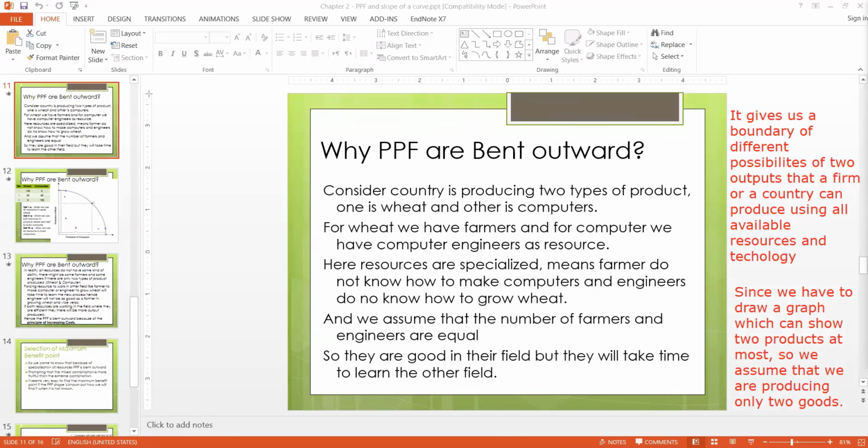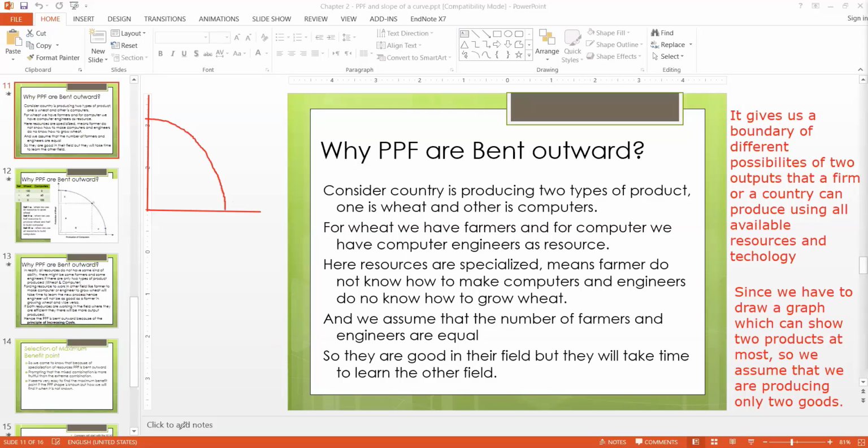So this side I will draw the y-axis and then the x-axis. And then we have drawn the curve. So this was the topic that we discussed.